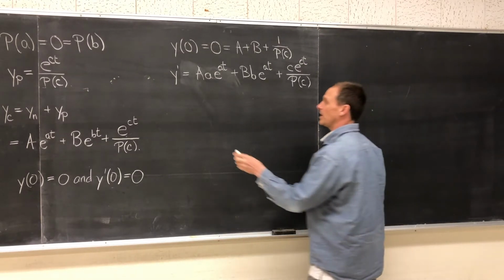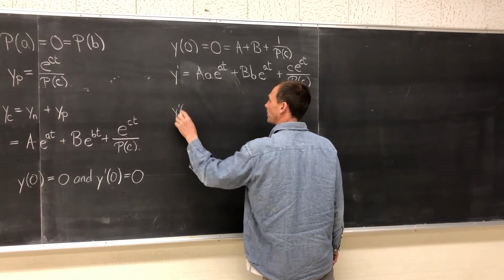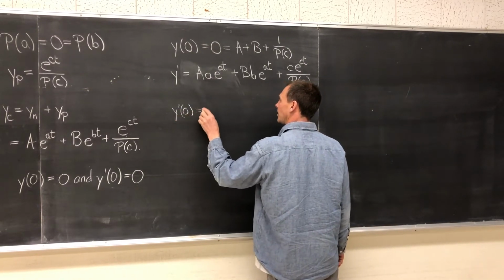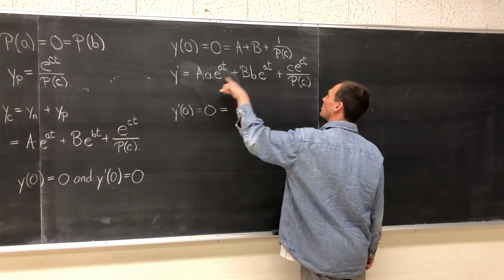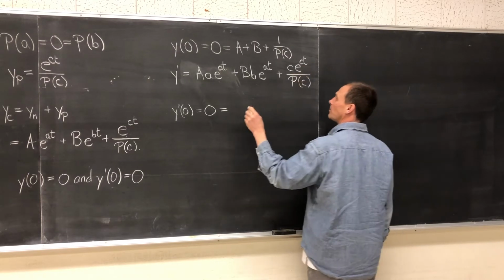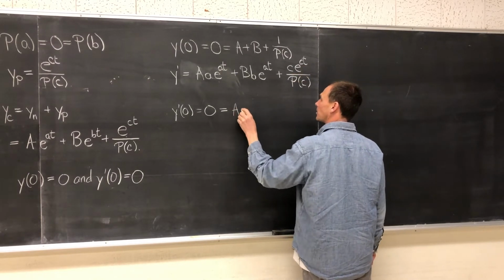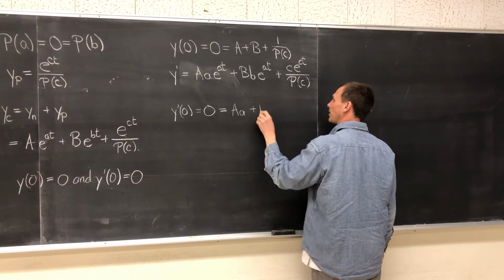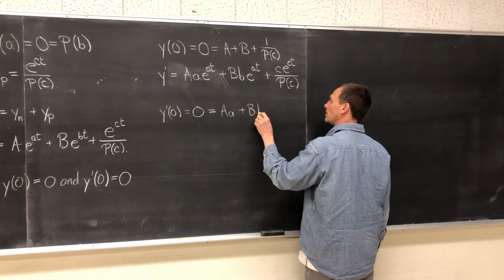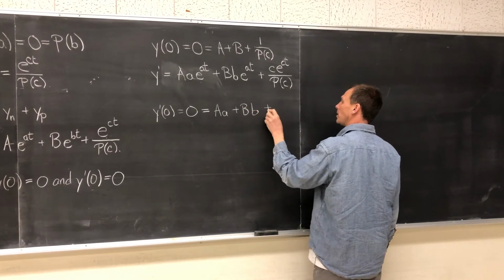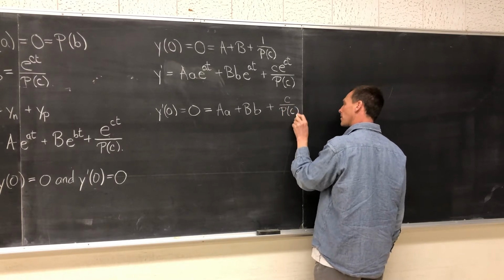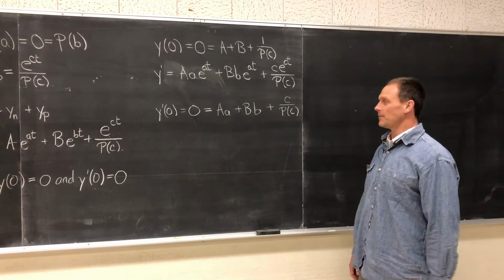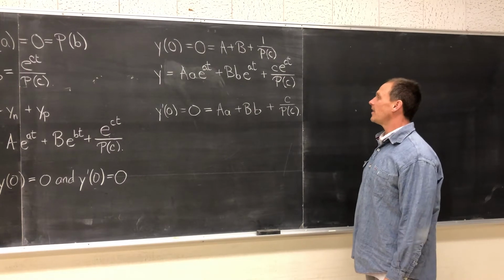Let's find out what y prime at 0 is. Well, it's equal to 0, and my exponential terms become 1. So I'm left with capital A lowercase a plus capital B lowercase b plus c over p of c.